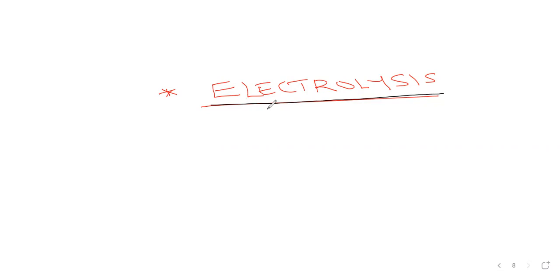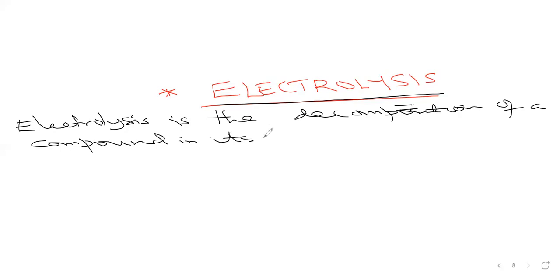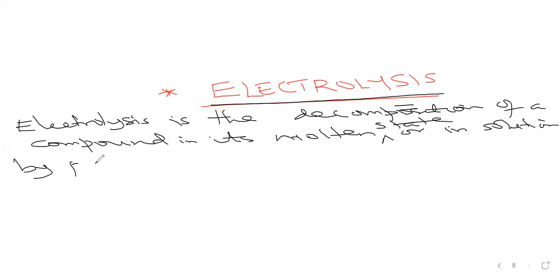You looked at what electrolysis is in O-level, and you said that electrolysis is the decomposition of a compound in its molten state or in solution by passing electric current through it.